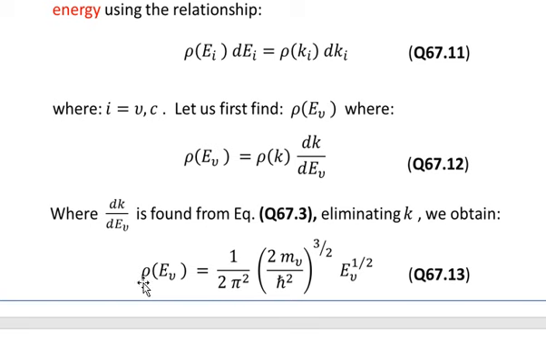Then we obtain that rho of EV is equal to 1 over 2 pi square into 2 mv divided by h bar square whole raised to power 3 by 2, and then EV raised to power half as shown in equation number 13. So you see that this is how we can calculate the density of states at a given energy EV, the energy of the electron in the valence band.